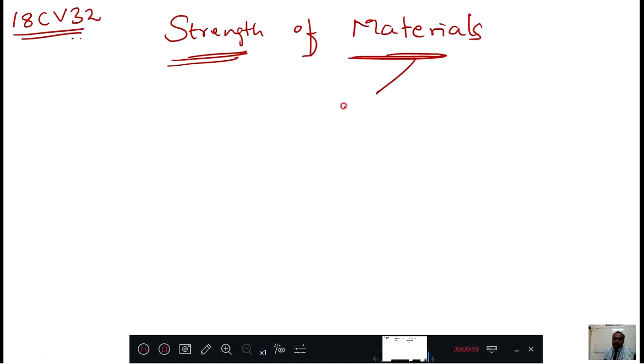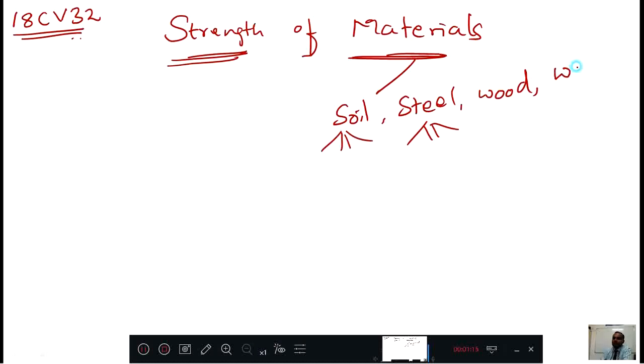The materials may be soil, steel, or wood. There are many types of steels, and in soil also many types of soils are there, and water, or otherwise you can call fluid, and then stones, bricks, like that.